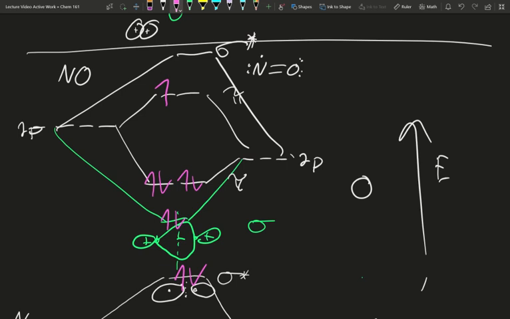And that's actually what we see. Curiously enough, it kind of matches our Lewis structure pretty well, and that's because Lewis structure is a reasonable idea most of the time. It can't always work, but it does its job fairly well. NO is indeed paramagnetic, and it has 1 unpaired electron.